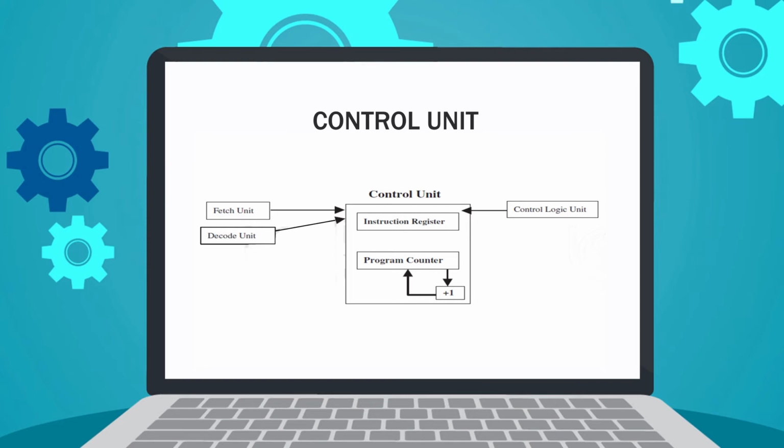And once those instructions are decoded, on the basis of that the control unit decides which section will perform the operation, or to which section control of activity should be given: whether the input device should be given control to provide some kind of input, or control should be given to the output device to display some information on the screen, or if some kind of processing activity like arithmetical or logical operations are there, that should be given to the ALU.